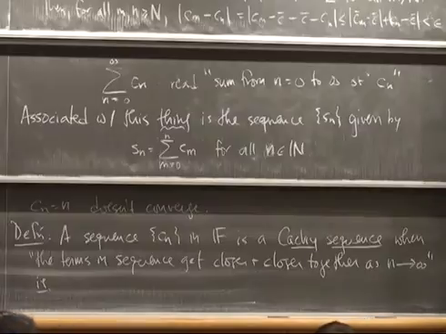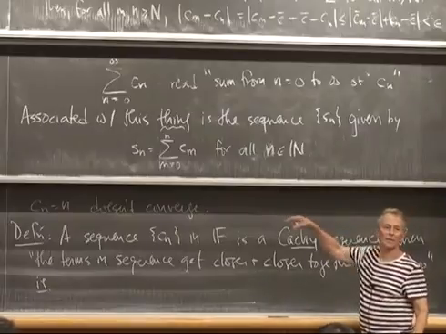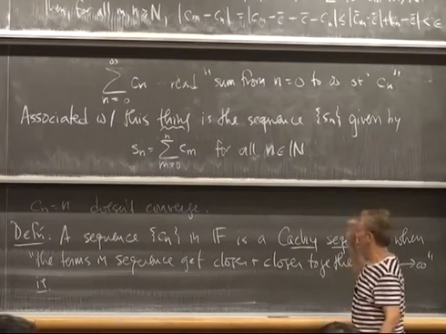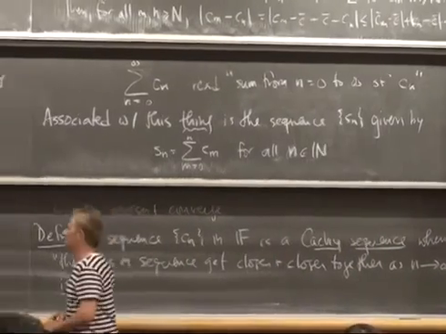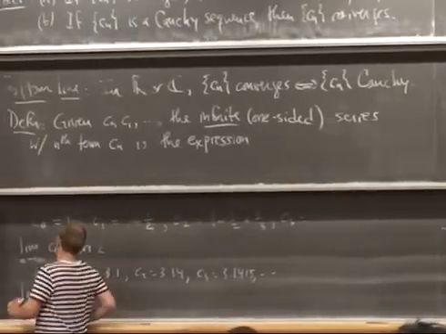So if you give me n, I can calculate S sub n. It's a number. All I do is sum all the terms in this infinite series whose indices are less than or equal to n.